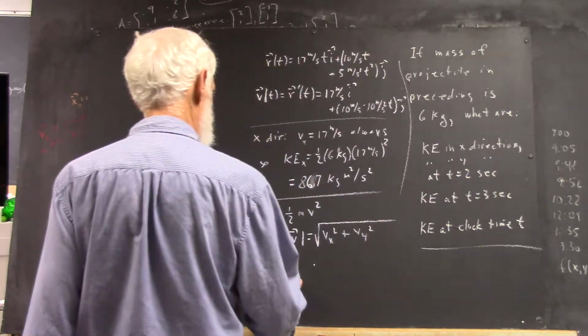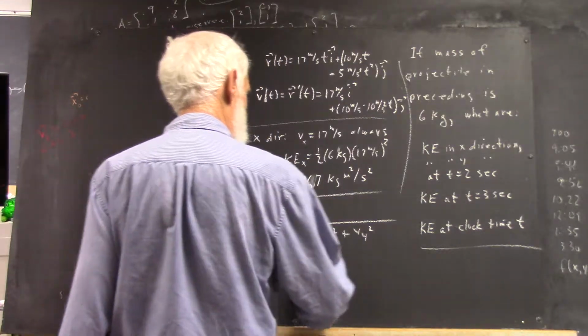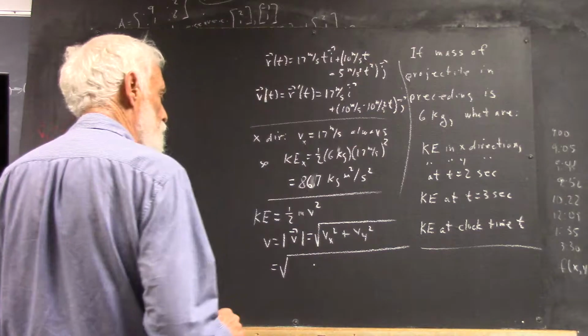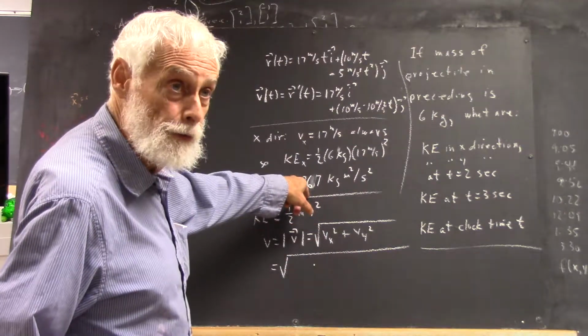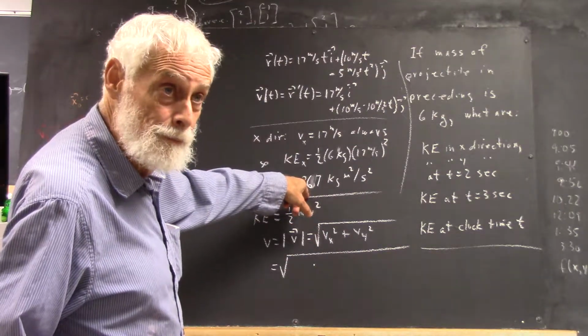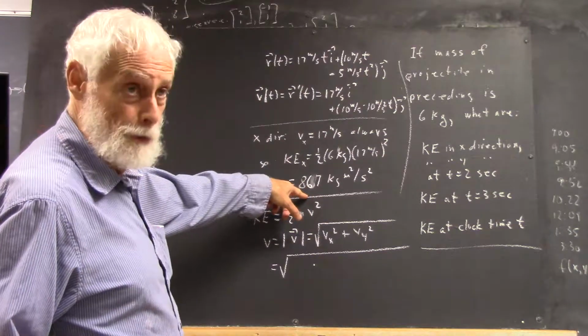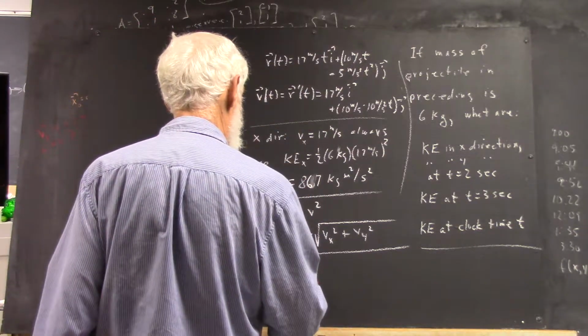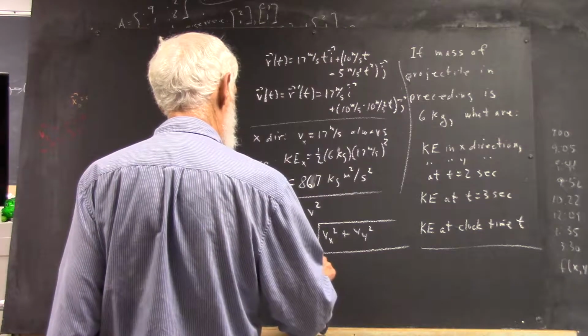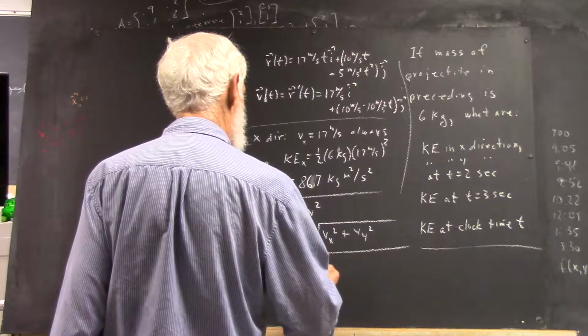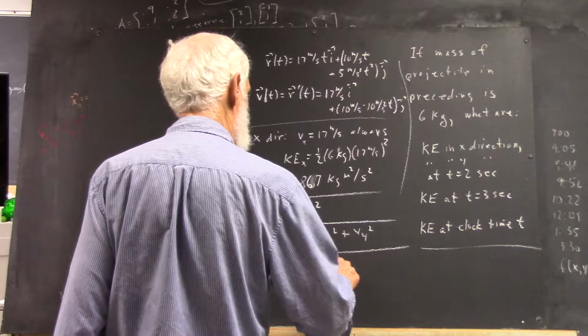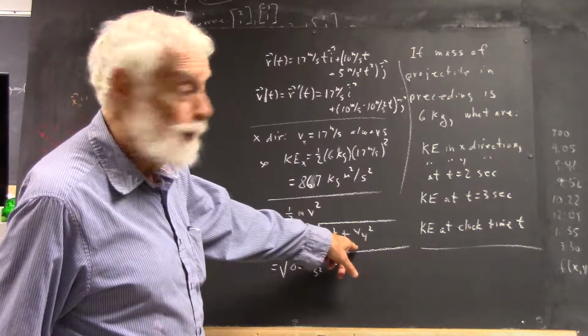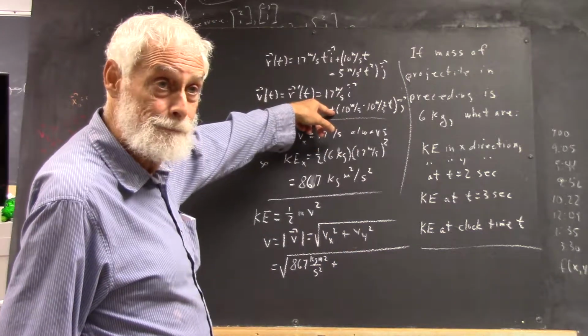I need a little more room. But the Vx is always 867 kilogram meters squared per second squared, or joules. I'm going to keep it with fundamental units. But your Vy changes with time, right?